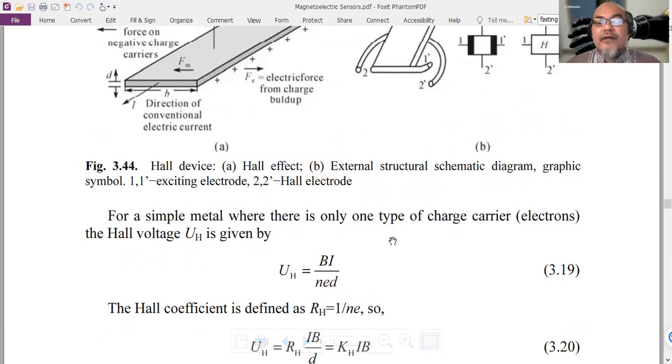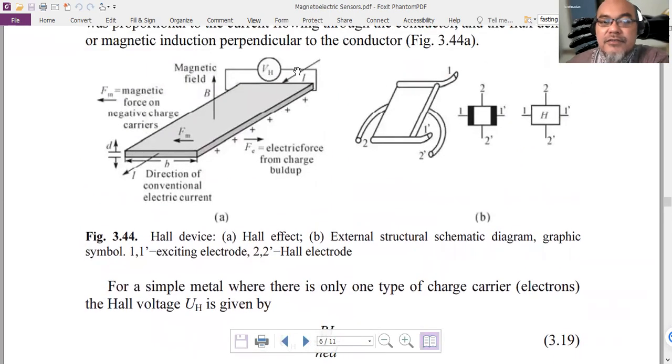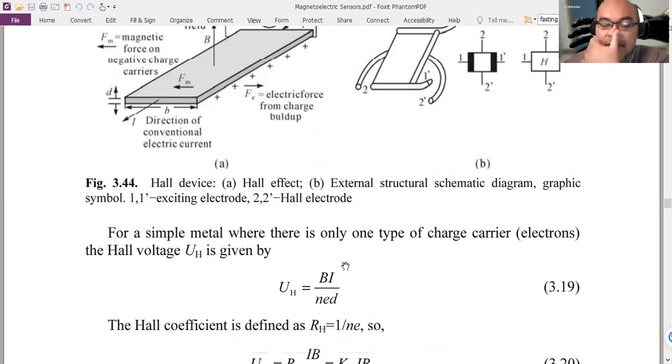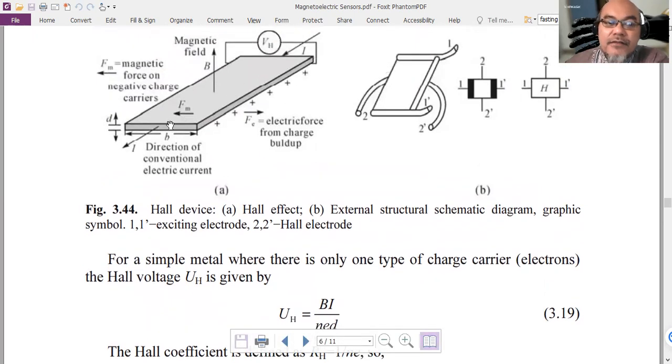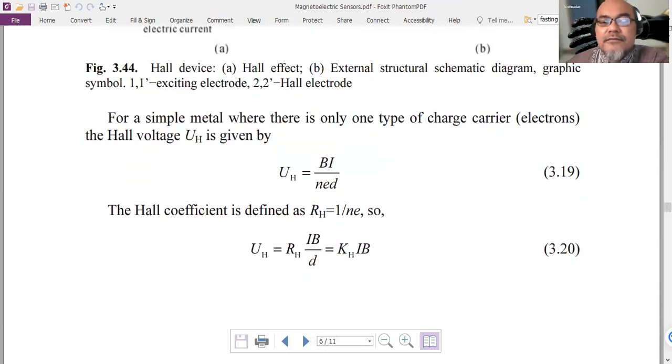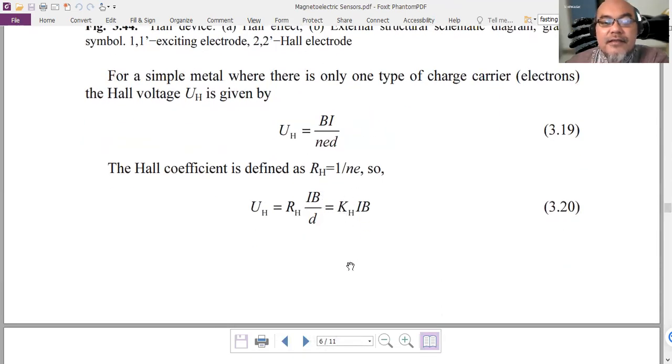For a simple case where there is only one type of charge carrier, in this case electrons, the Hall voltage UH is given by this formula: UH equals B times I divided by NED. B is the magnetic flux density, I is the current flowing through the length of the thin conductor, and D, I think, is the thickness.